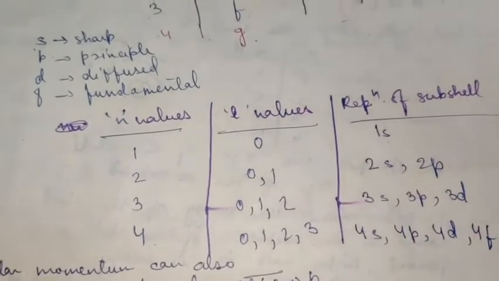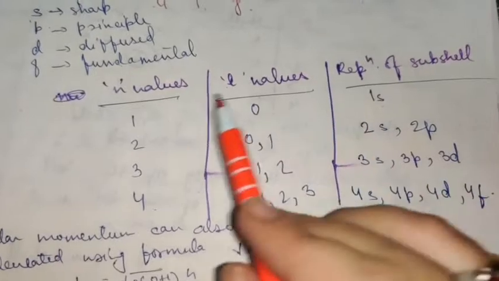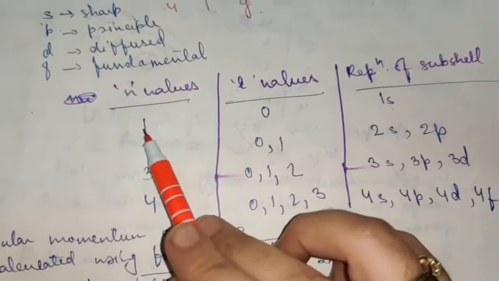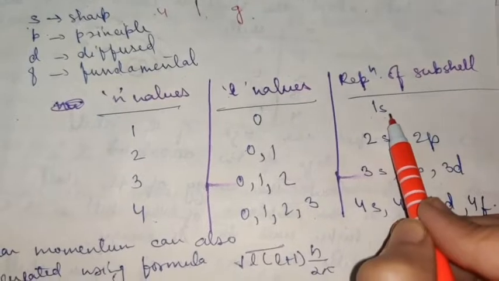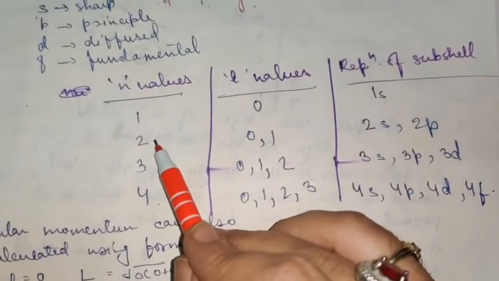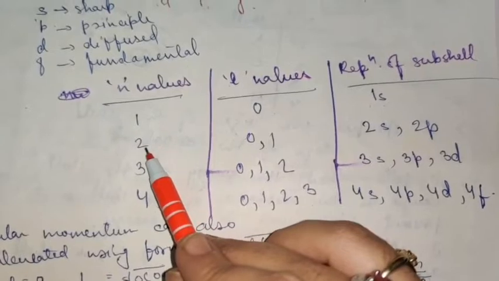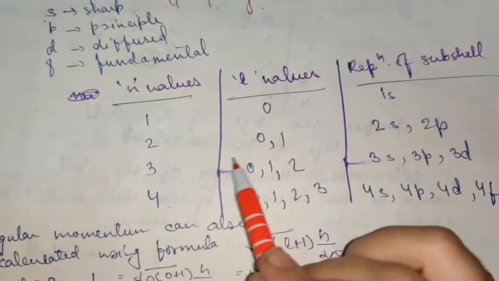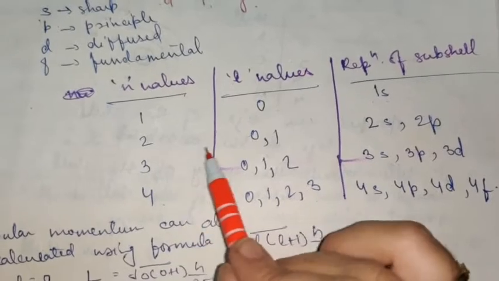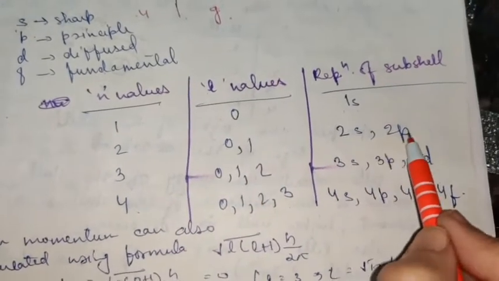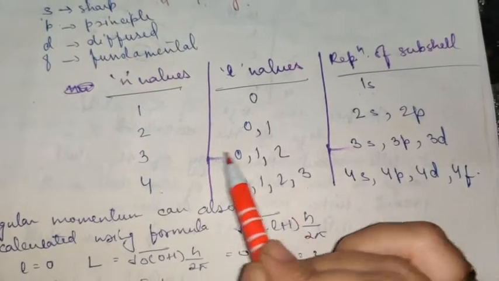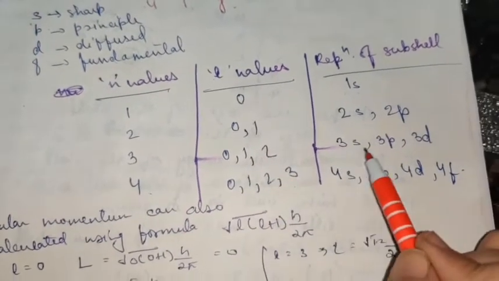Now how will you represent these subshells? It is represented together. 0 means S, so you can write it together as 1S. With respect to the second shell, it can be written as 2S and 2P, since 0 means S and 1 means P. Then 3S, 3P, 3D.